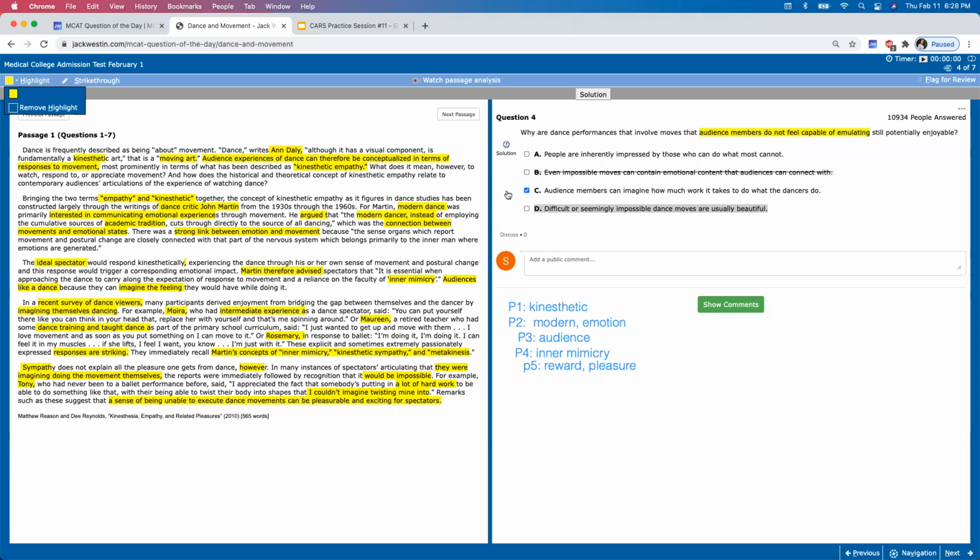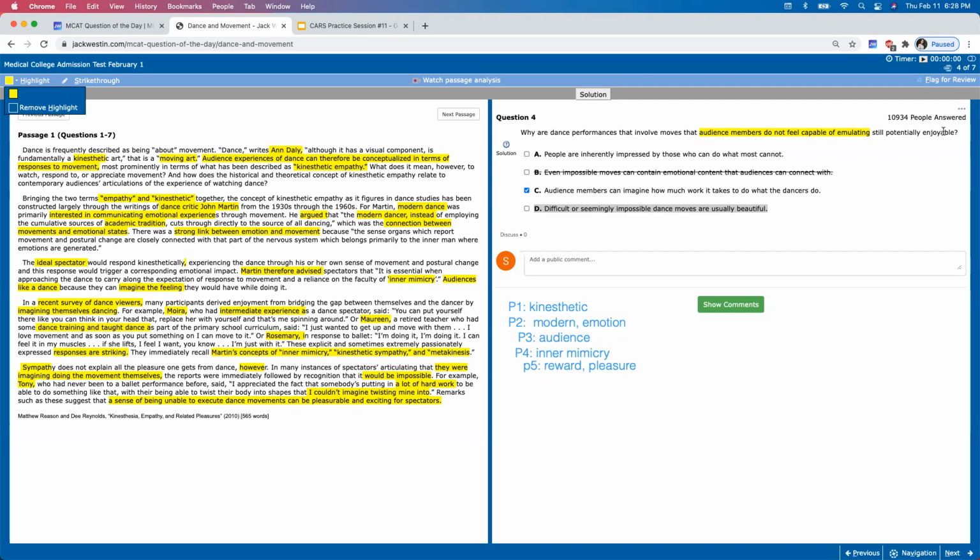Also, just because it says pleasurable and exciting, you can't really say that they're impressed by it. Like, people are inherently impressed by those who can do what most cannot. I think it's more that it's a lot of work, so they find it more enjoyable.